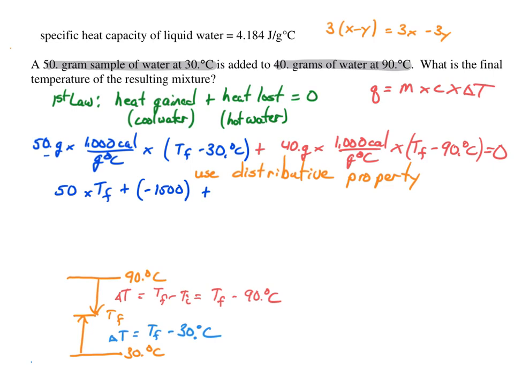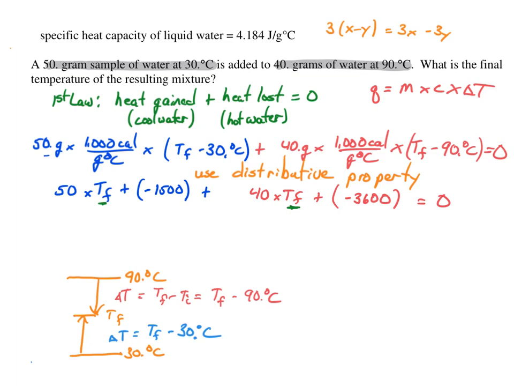Let's look at the hot water bath. So we have 40 times 1 times TF, so that's going to be 40 times TF, and to that we're going to add 40 times 1 times minus 90, which is a negative 3600, and all of this sums to 0. Now the last bit is we're going to be solving this expression for TF.